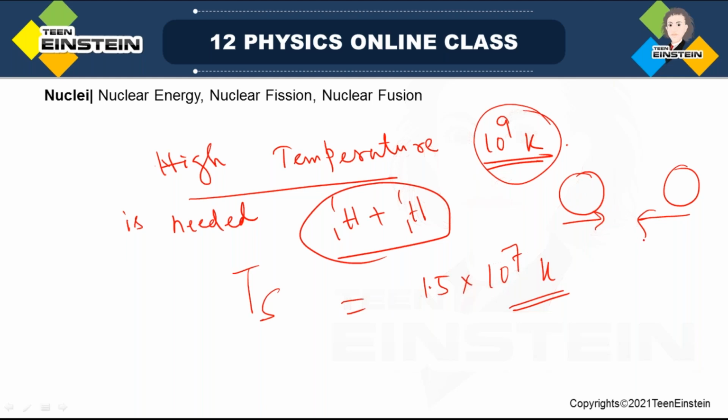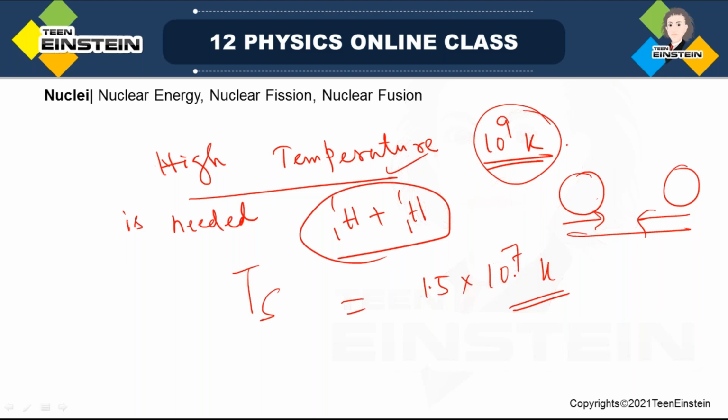So to overcome the barrier height, you need to supply kinetic energy to these two nuclei, so that they can overcome the barrier height and fuse together to form a bigger nucleus. So that's why you need high temperature and high pressure.